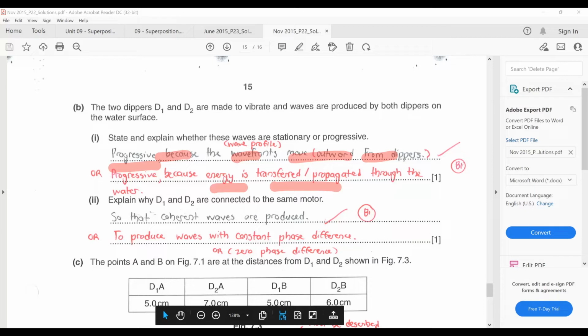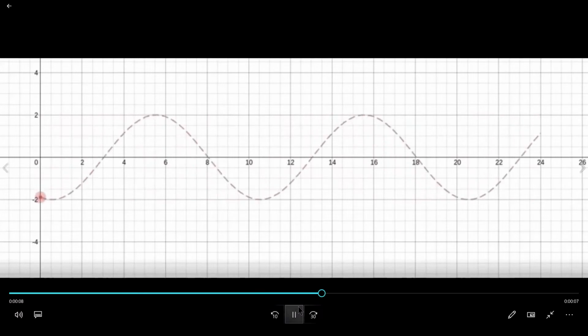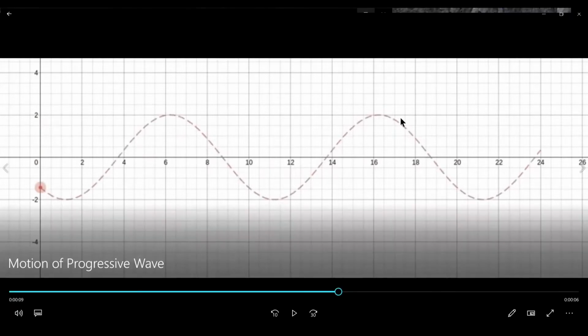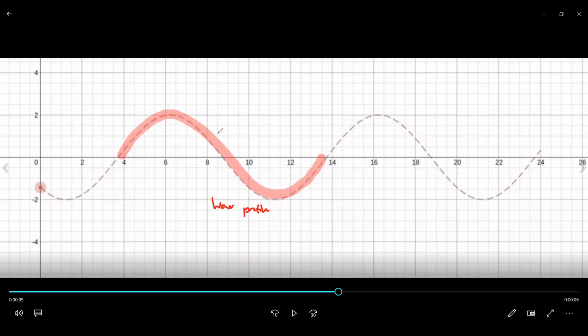This one is progressive wave. Okay. So one of the things that was mentioned to you is that progressive waves have wave profile that moves from one point to another point. You could imagine that this one is your wave profile.